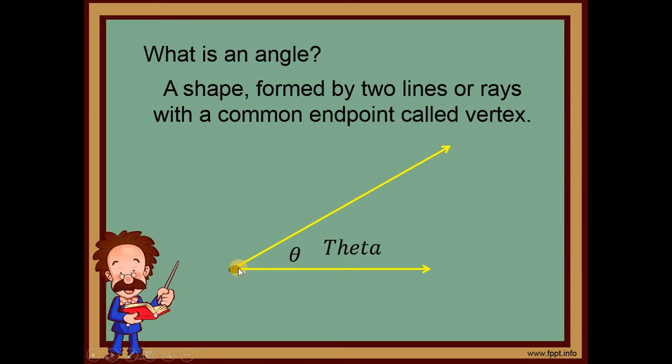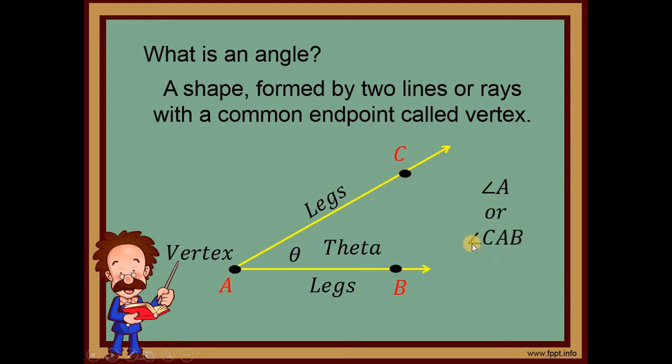And meron siyang common endpoint, and ang tawag natin dyan is vertex. Now, yung dalawang side na bumubuo ng angle is what we call the legs of the angle. Next, if we have this vertex and call it point A, we can name this angle as angle A. Or, pwede tayong gumamit ng three letters like angle CAB, or simply angle BAC.